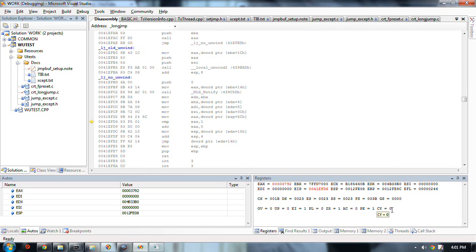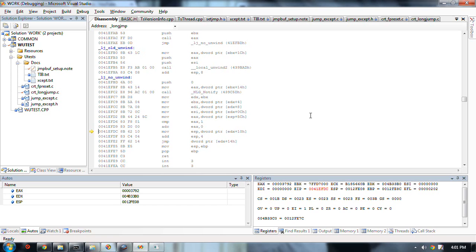What are the flags? There is no carry. ADC, the instruction add carry, adds to AX whatever this value is, and one more if the carry flag is set, which it isn't. But I don't know what this is all about.